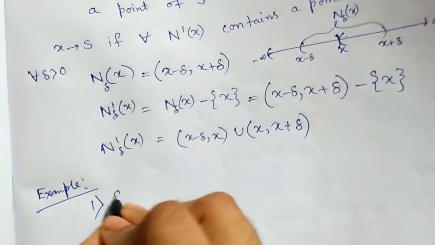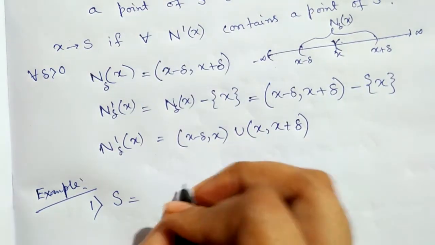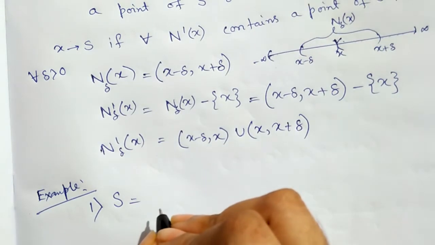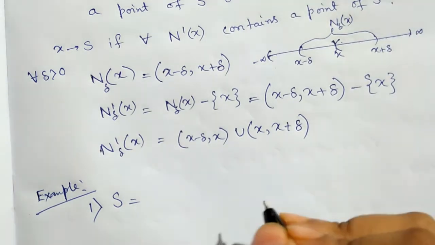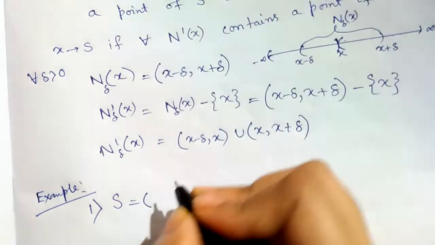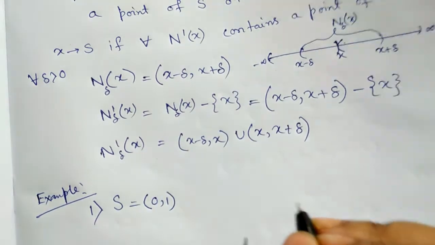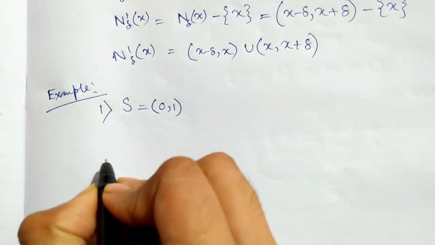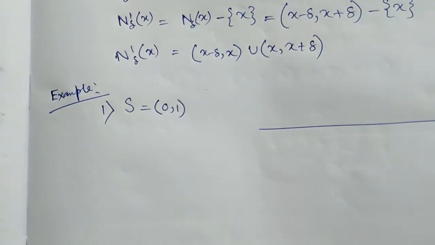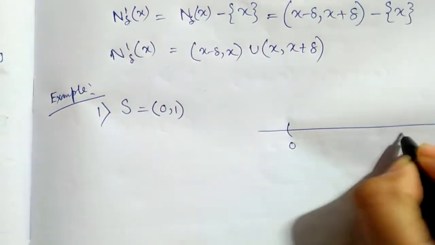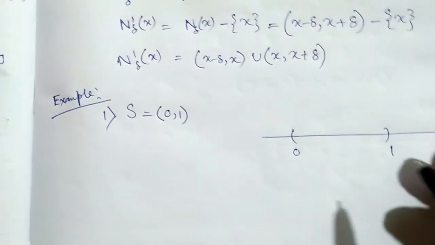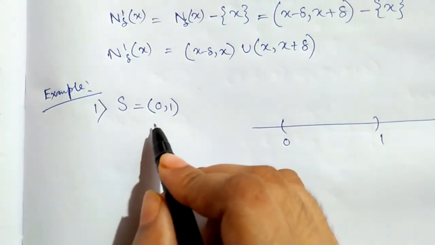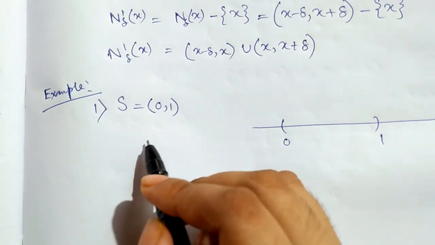Our first example is, suppose S is the open interval (a, b). I take specific values of a and b to visualize the fact, so I am taking the open interval (0, 1). Suppose this is 0, this is 1. Then we first check whether any point of S is a limit point of S or not.